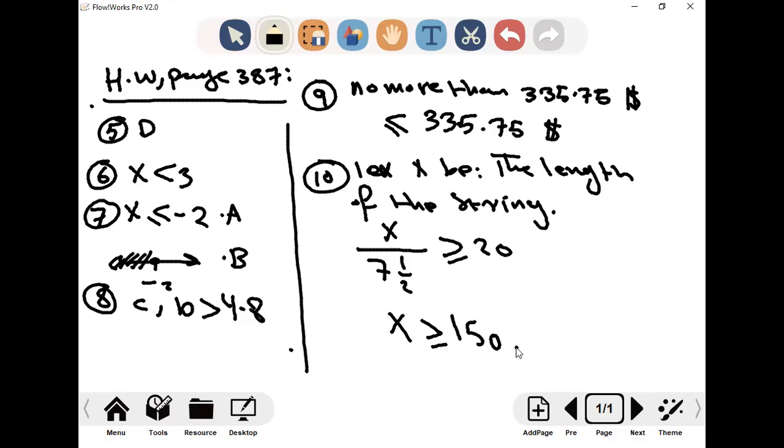Question 11. This is the inequality 6.5z minus 2.25 less than or equal to -10.5. If you solve it, z will be less than or equal to -1.25. And in question 12, explain why or why not the direction of the inequality symbol is reversed.